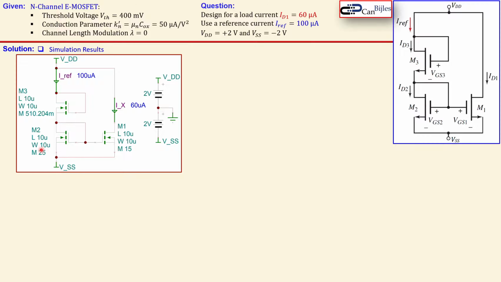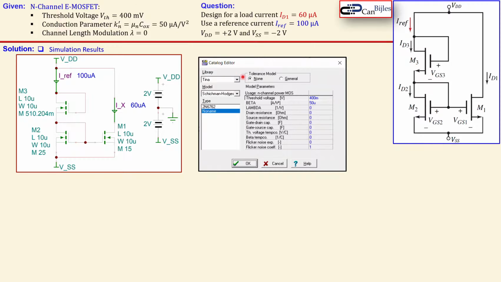And here you need to make W 250, because you go from 10 micro to 250 micro, multiplying by 25. And here you almost have that W. Then you see here that the 60 microamps will be flowing here, which is called IX in this case, and this is IREF, which is 100 microamps.